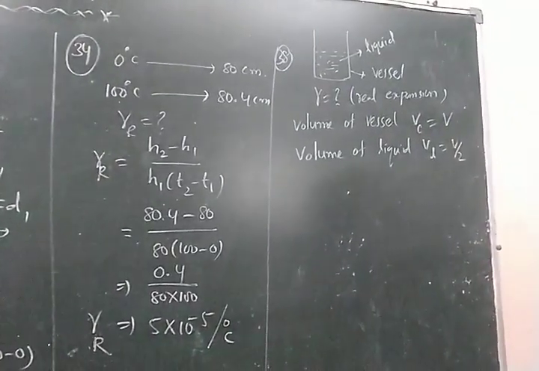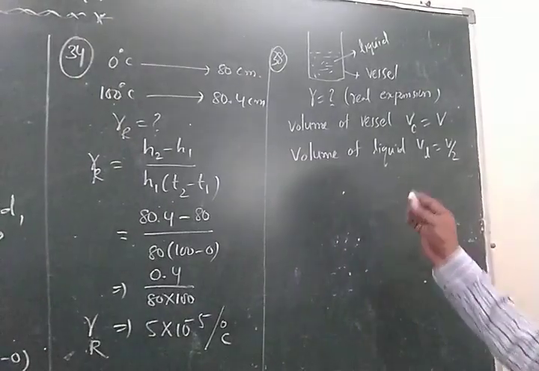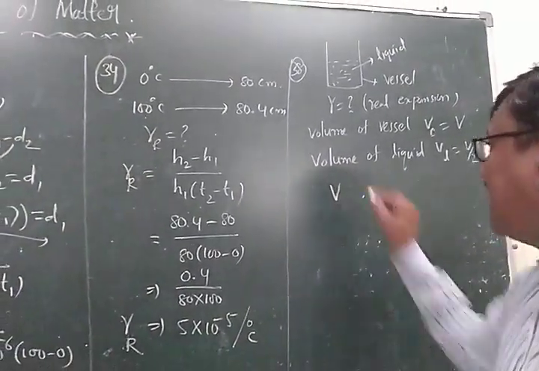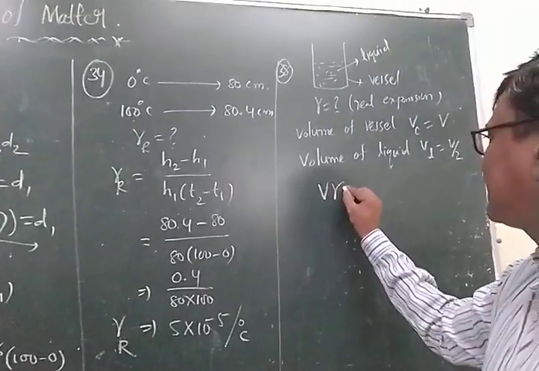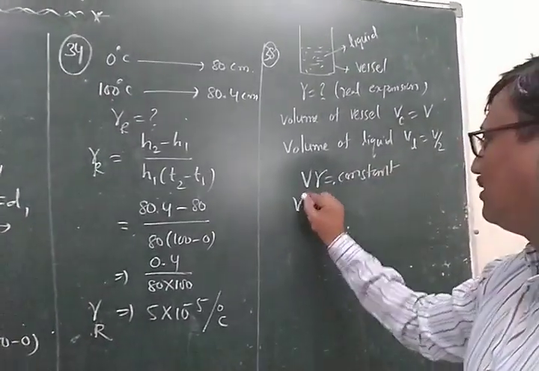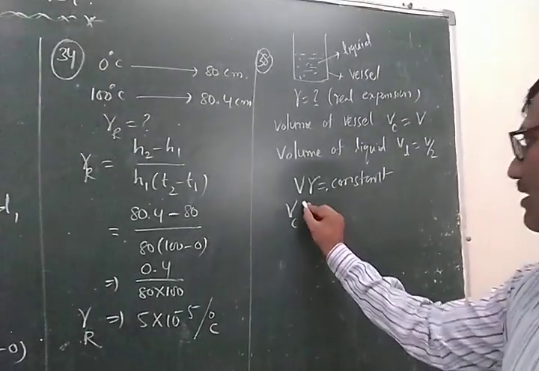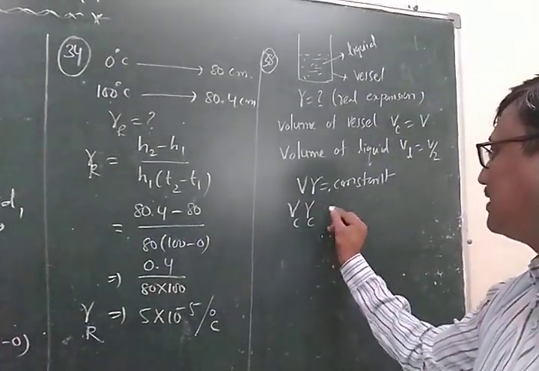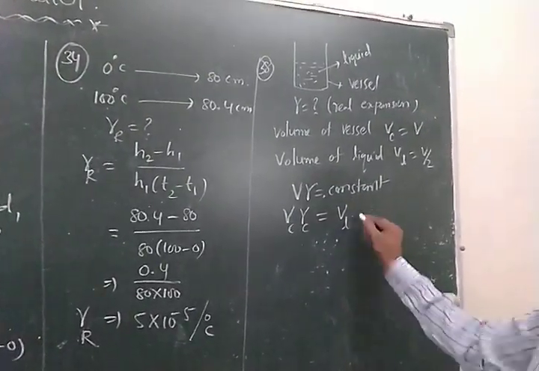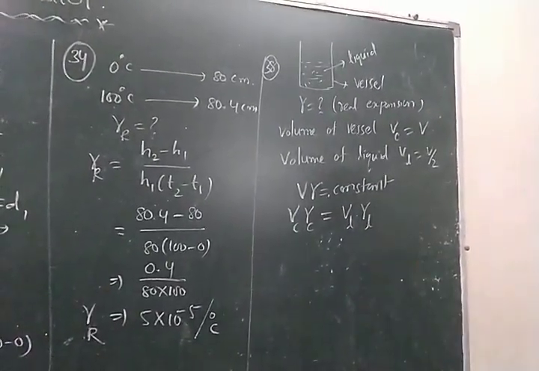And then we can find the relation given by volume into real expansion is equal to constant. The volume of the container and gamma of real expansion of the container is equal to the volume of liquid into the real expansion of the liquid.